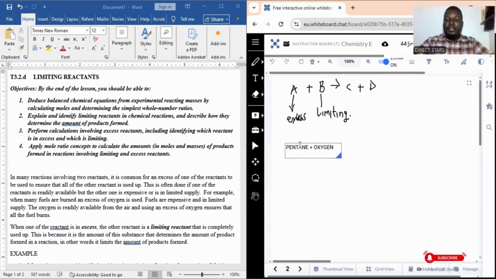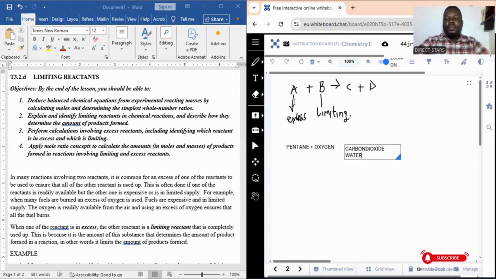And then, of course, when we do this, we get carbon dioxide and water. So we get carbon dioxide and water in the process of this reaction.